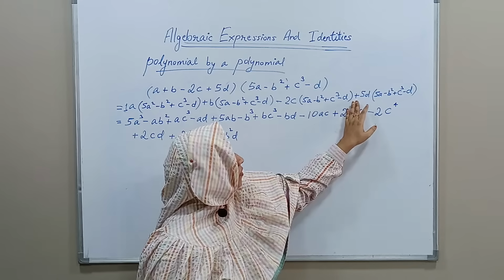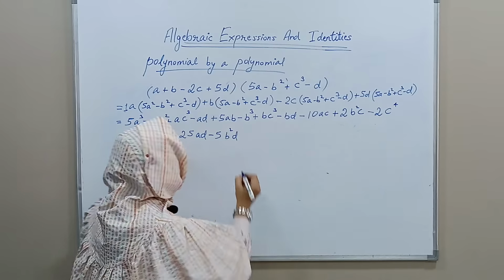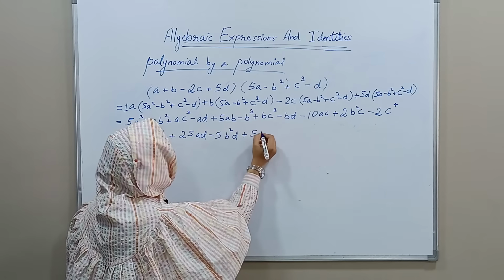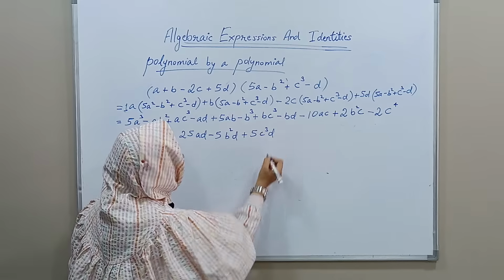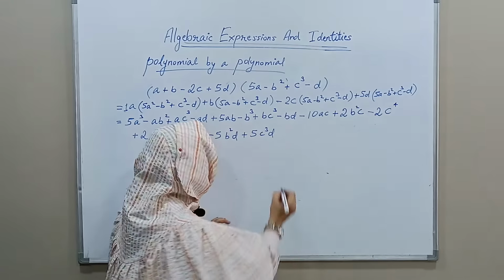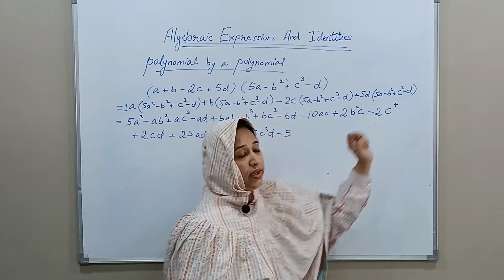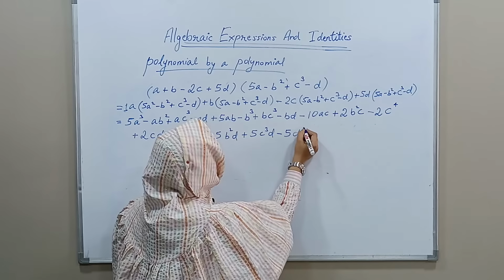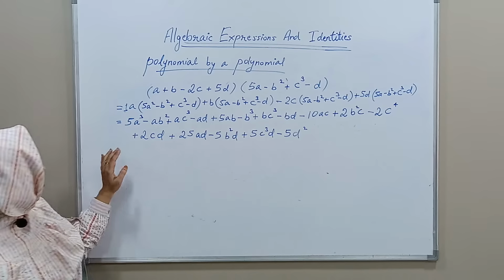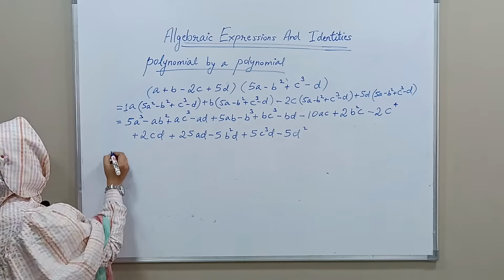Then we have plus into plus, plus 5d into c cube, so plus 5c cube d. And then plus into minus will be minus 5 into 1, 5, d into d is d square. So this is the simplified form of the given expressions.